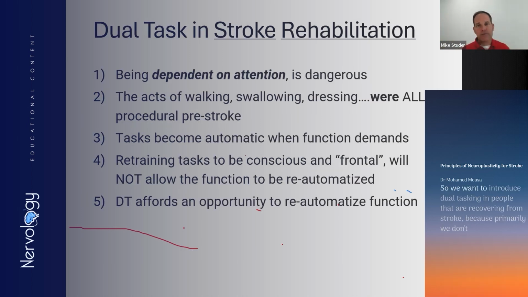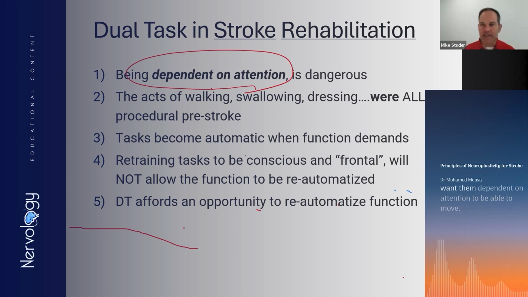So we want to introduce dual tasking in people that are recovering from stroke because primarily we don't want them dependent on attention to be able to move. That goes into walking and swallowing and ADLs as well. So we want people to put their movement in the background again, so movement doesn't require the frontal lobe.